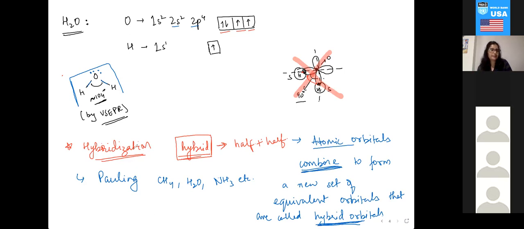At the atomic level, what's going on? What's happening to the atomic orbitals? How is that shape coming into picture? Why is it a tetrahedron and not something else? Why is the bond angle 104 degrees or 109 degrees, but not any other angle? Why is it not 90 degrees? Why is it not 270 degrees?